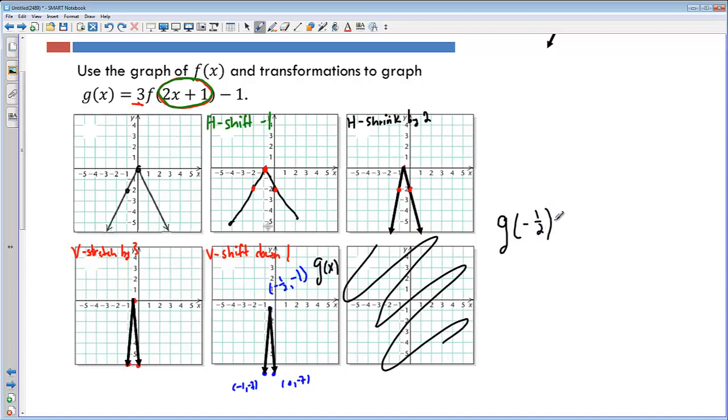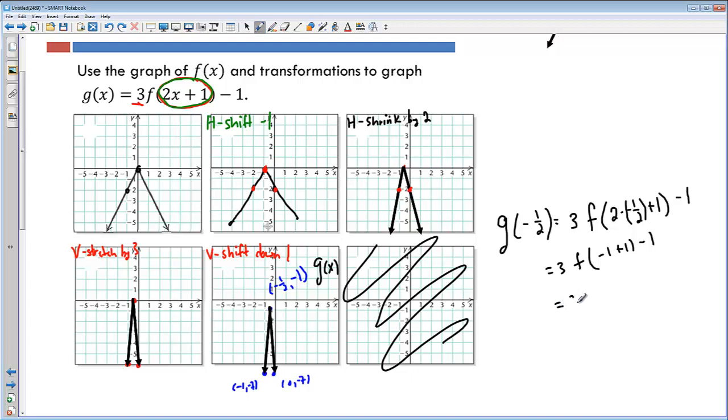To figure that out, we come over here and plug it into the formula. So that's g of x. It should be 3 times f of 2 times x, where x is -1/2, plus 1, and then take away 1 from everything. So this will be equal to 3 times f of 2 times -1/2, which is -1, plus 1 minus 1.